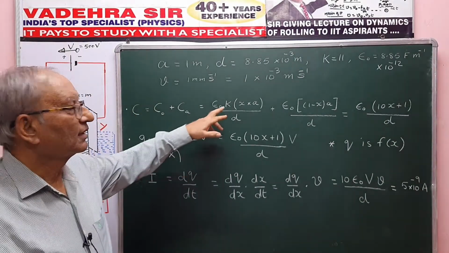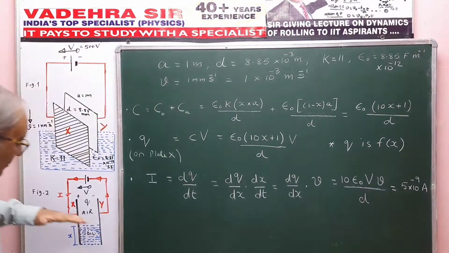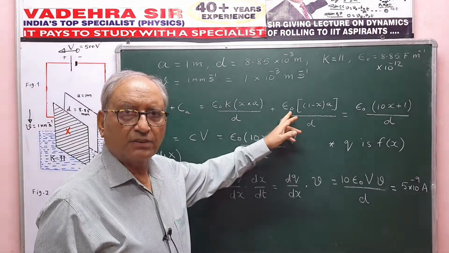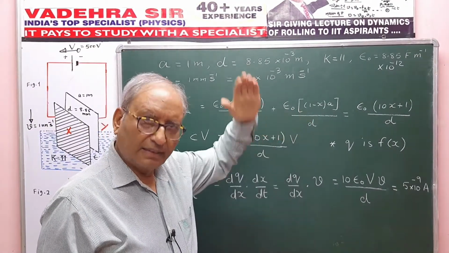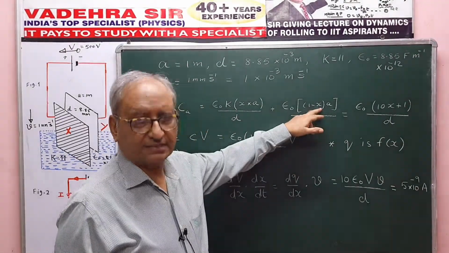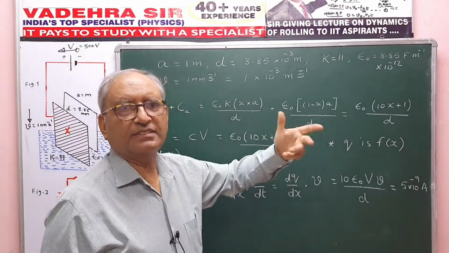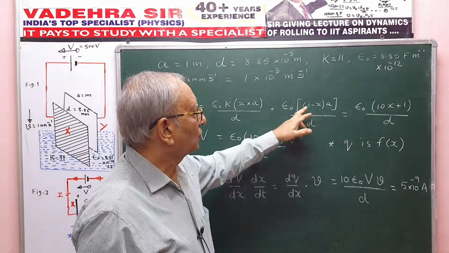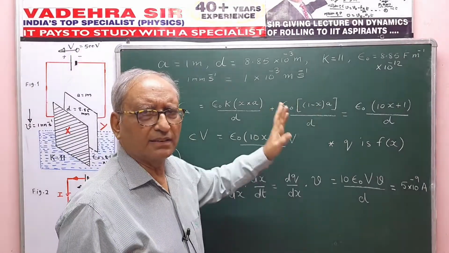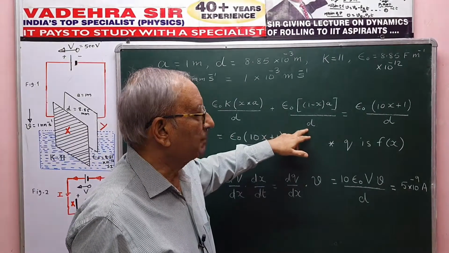Then the capacitance for the air part is epsilon naught, and the remaining length of the plate outside will be 1 minus X, because the total side of the plate is A equal to 1 meter. So 1 minus X into A, once again A is 1 meter. I've written A here, but in the calculation we know A is going to be 1. So divided by D.